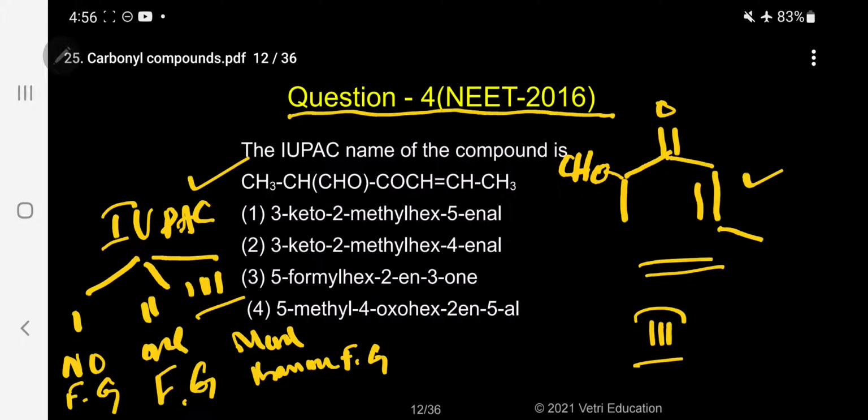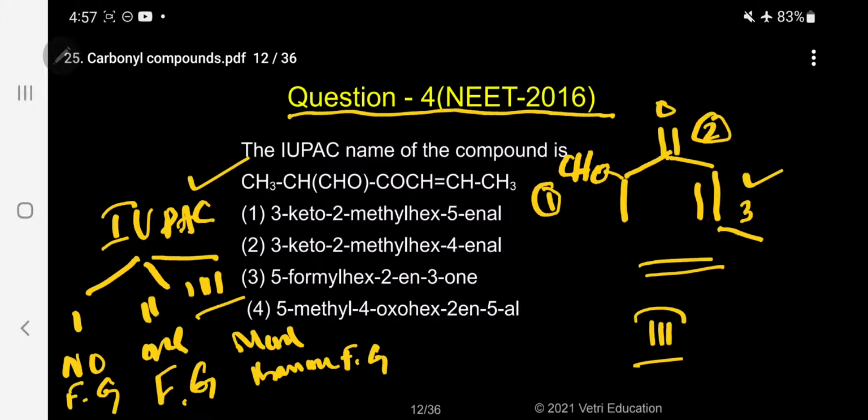According to this, number 1 is the aldehyde group, number 2 the keto group, then number 3 the alkene group. Kindly follow. Only for aldehyde do we use the suffix. For the CO, we automatically have to give the prefix.